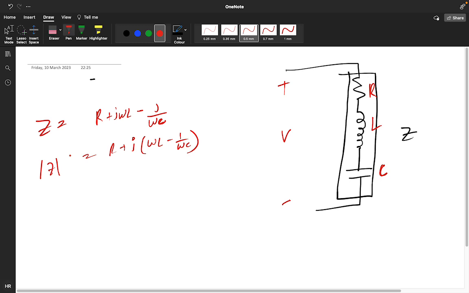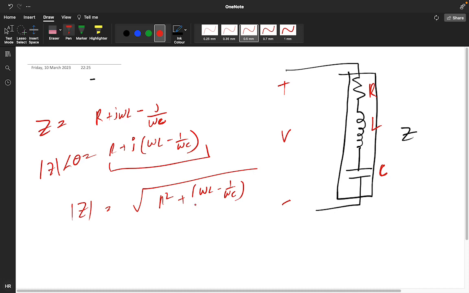So at an angle theta. The magnitude |Z| is root under R square plus (omega L minus 1 by omega C) the whole square. What about the angle?